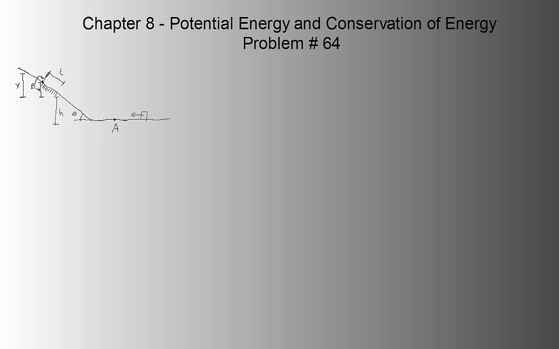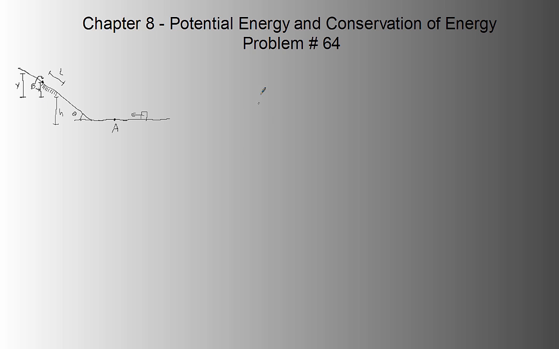Meaning, if it reaches it, does it stop right when it hits B, or can it keep going because it has a positive non-zero speed? Or if it can't reach B, if it stops somewhere up here, or maybe even before the friction, then what is the height above A? Is it less than H? Is it greater than H but less than B plus H, according to what I have here?